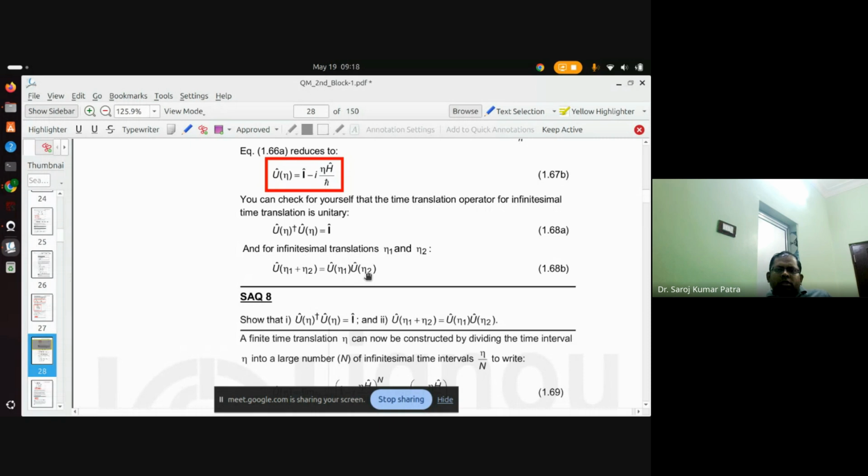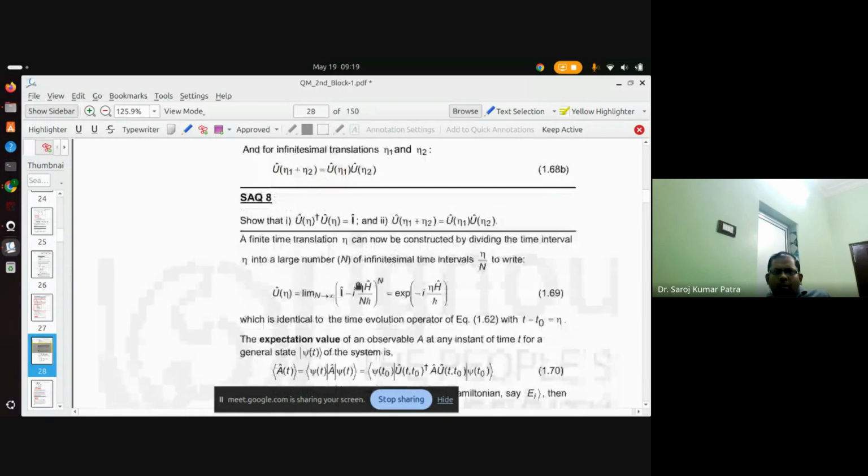Once I operate with the first unitary operator, and then again for t1 to t2, I operate with it again. So this is the form of the unitary time translation operator that we will be using, where the Hamiltonian is the generator.